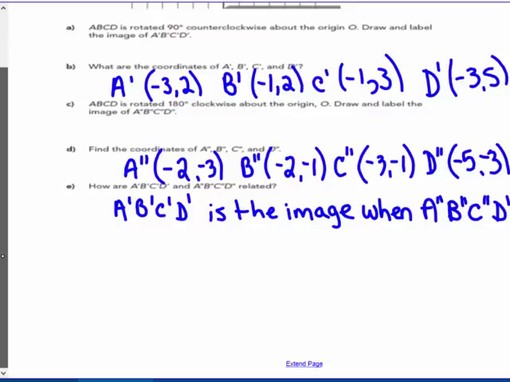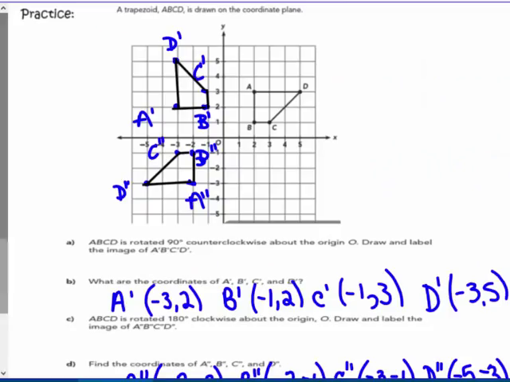So how do I go from one to the other? That's what it's asking. How do I go from this, pick a different color here, to this?